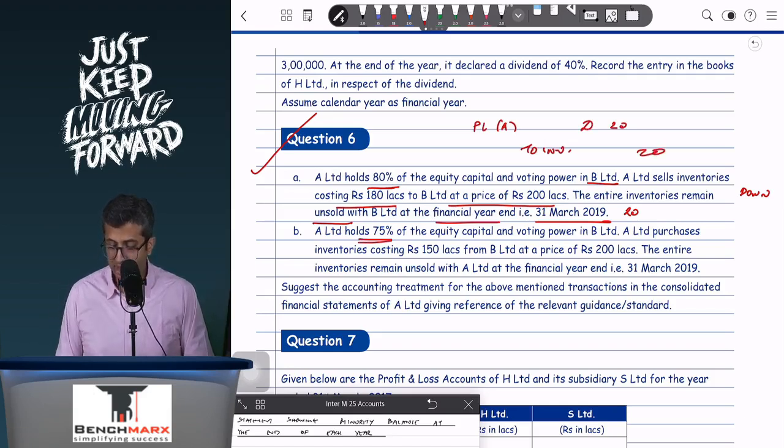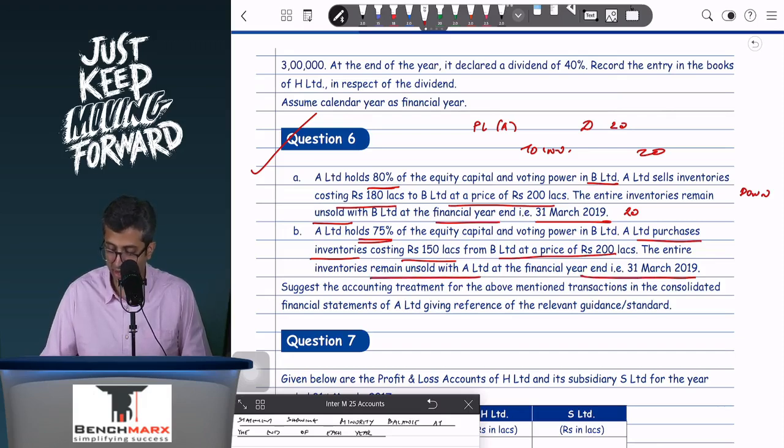A holds 75% of the capital of B and A purchases inventory, which means B is selling the inventory, costing 150 lakhs, to A at a price of 200 lakhs. So there's a 50 rupee profit. The entire inventories remain unsold with A at the financial year end, and hence this will be 200 minus 150, which is equal to 50. So your entry will be P&L of B account debit to inventory.